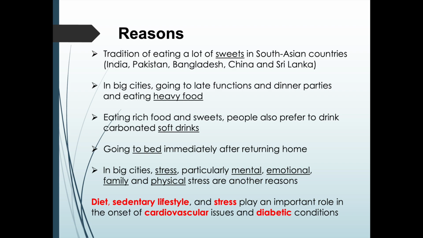Another reason is big cities going to late functions, as in India, Pakistan, or Bangladesh, dinner parties, and eating heavy fatty food. On top of that, eating rich food and sweets, people also prefer to drink carbonated drinks like soft drinks, Coca-Cola or Pepsi. That is also rich.